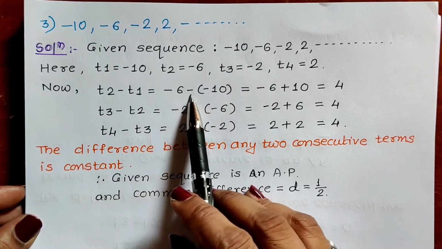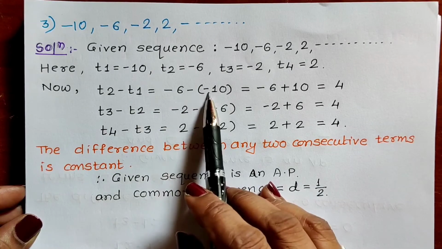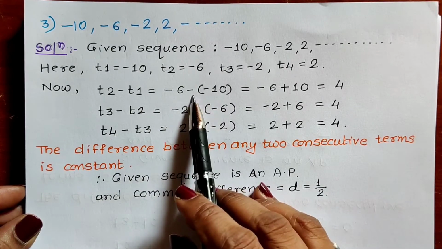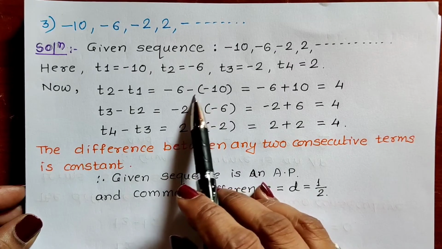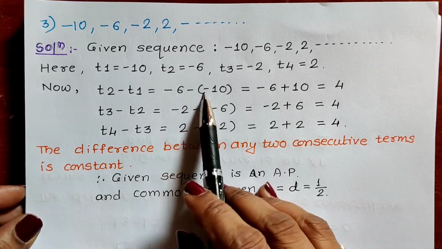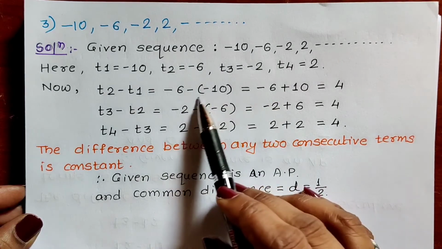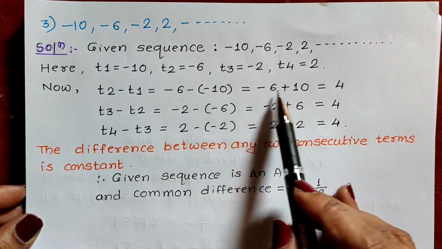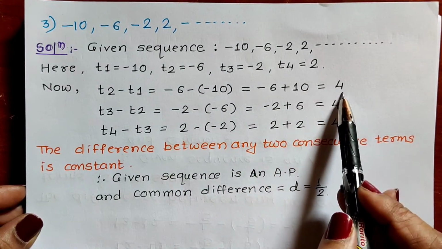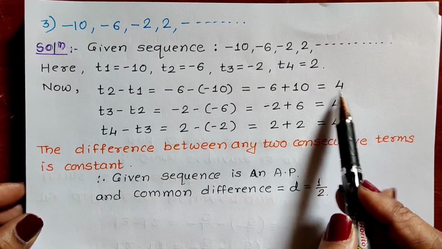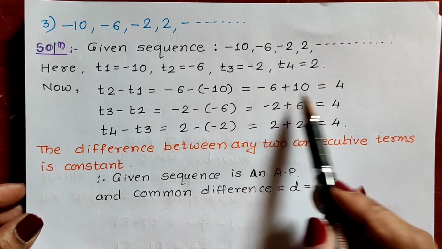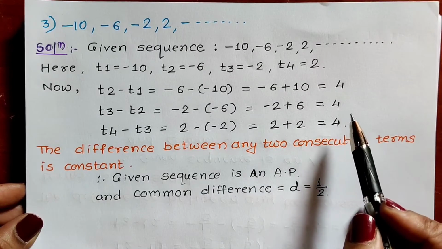So minus 6 minus minus 10. Minus minus two signs come close to each other, so we have to make one sign out of these two signs. Minus minus will become plus. So this minus 6 is written as it is and minus minus plus 10. Minus 6 plus 10, what will be the answer? Plus 4. Sign of bigger number we give always. So 10 minus 6, 4. Plus 4 will be the answer.